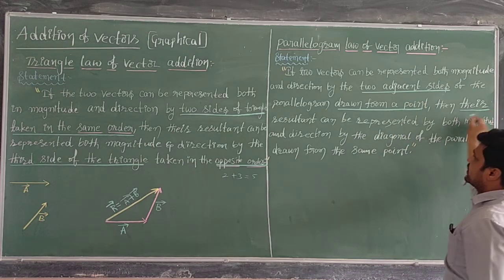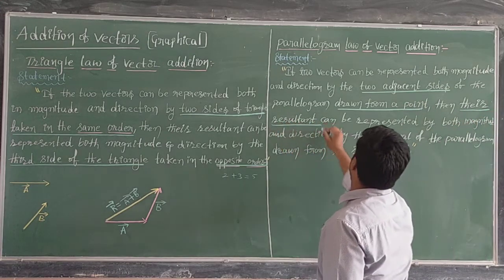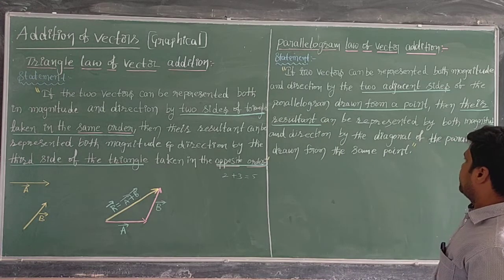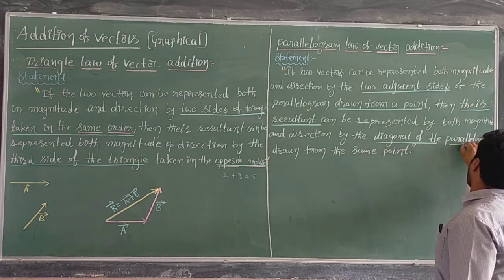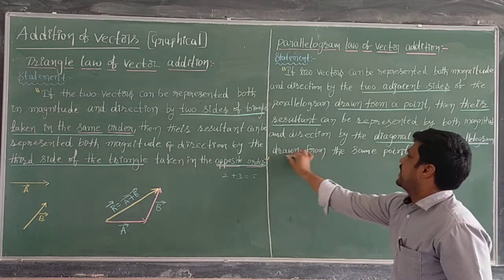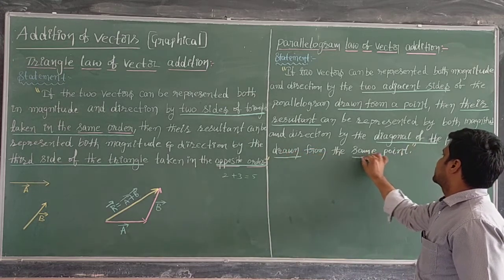Then their resultant can be represented by the diagonal of the parallelogram drawn from the same point.